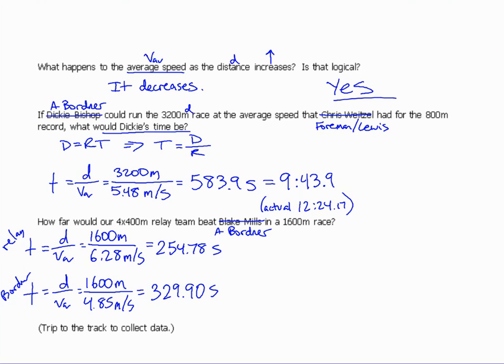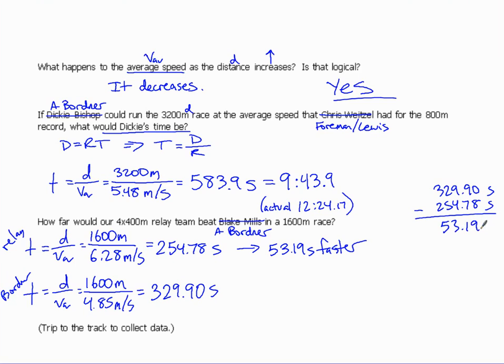Here's what we see. The relay team is 53.19 seconds faster. And if you're curious how I got this number, we're talking about the longer time minus the shorter time.